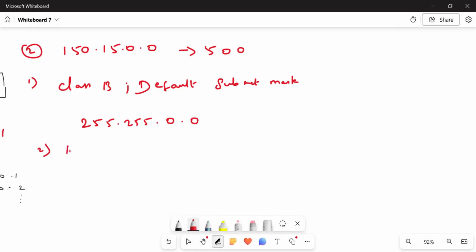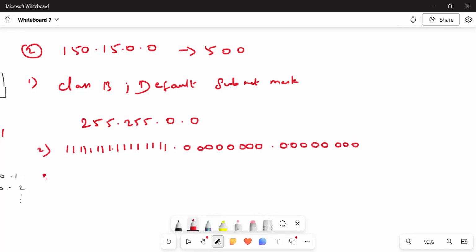Eight ones, then zeros. Okay. Now the number of hosts required for the subnet.